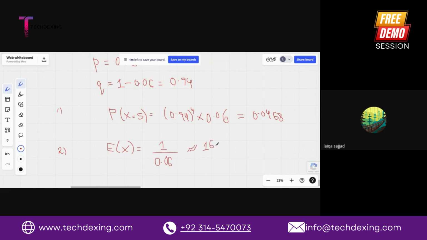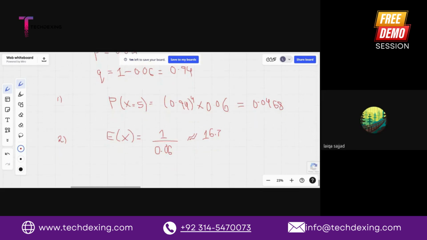So according to the probability of success, you will have to wait for about 16.7 messages. The first 16.7 messages, or if you round them off, the first 17 messages will probably be failures for you, and you will get the error message on your 18th attempt on average. This tells us the average.